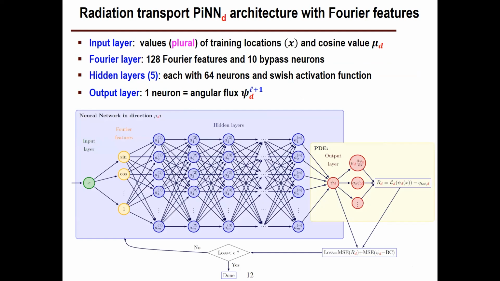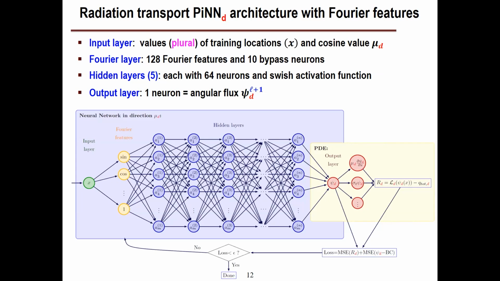So we have an input layer, which will input our training locations. We have our Fourier projection layer, which has 128 Fourier features, 64 sine and 64 cosine, as well as 10 bypass neurons. And then in all of our PINs, we have 5 hidden layers, each with 64 neurons and swish activation functions, which is fairly similar to a ReLU activation function.